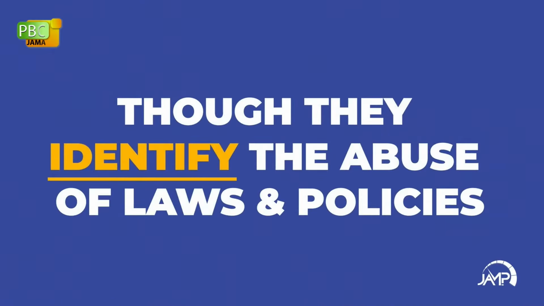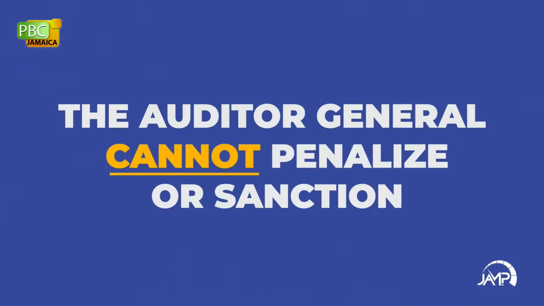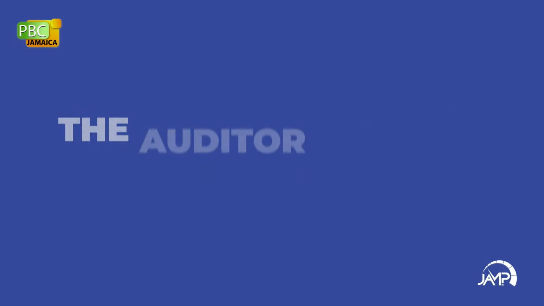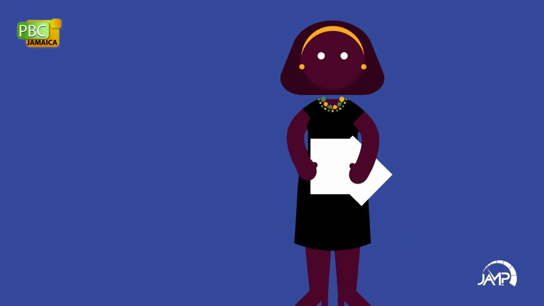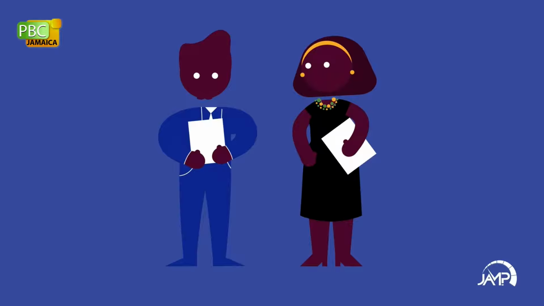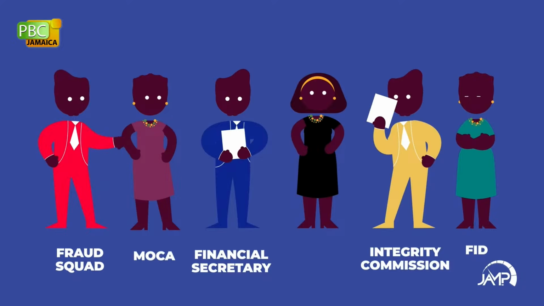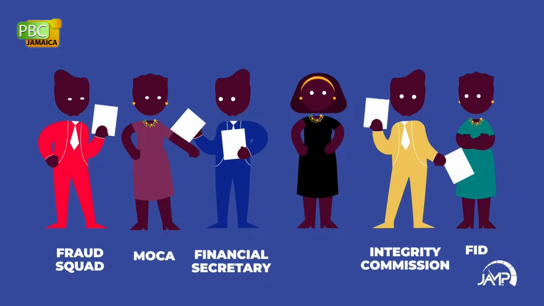Though the AG identifies the abuse of laws and policies, the law does not empower that office to penalize or sanction, but it does empower the Financial Secretary in the Ministry of Finance. It is also the duty of other anti-corruption and law enforcement bodies to grab the baton and investigate to ensure penalties are applied when appropriate.